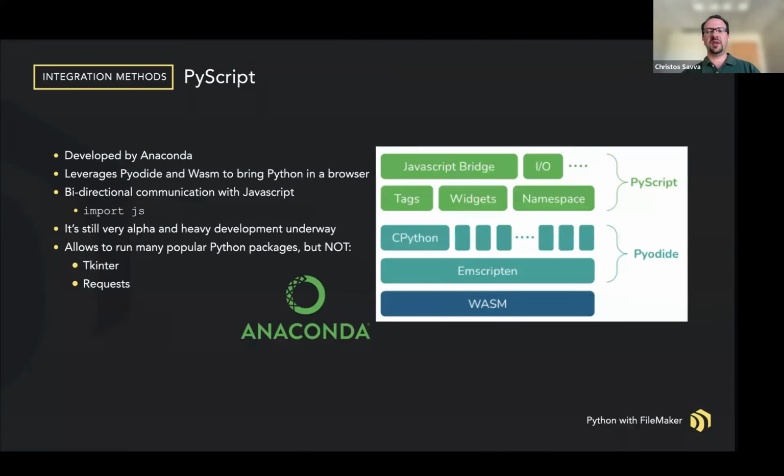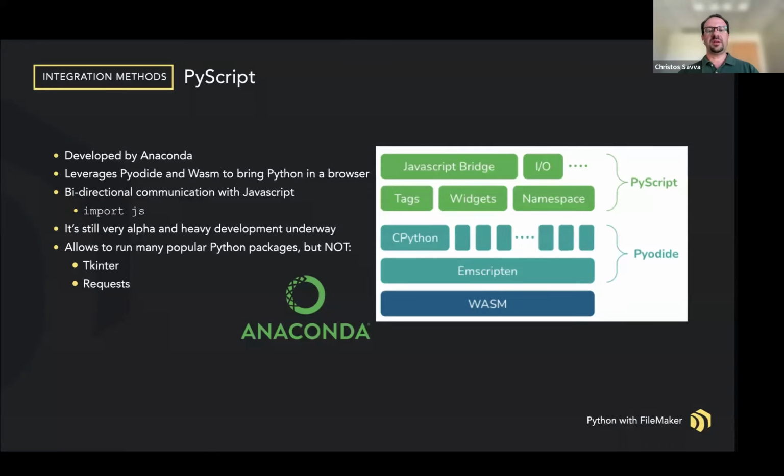So this is the architecture behind PyScript. PyScript was developed by Anaconda. Again, a snake reference. You can see the stack there on the right-hand side. It starts with WebAssembly, then Pyodide, and at the top we have PyScript.